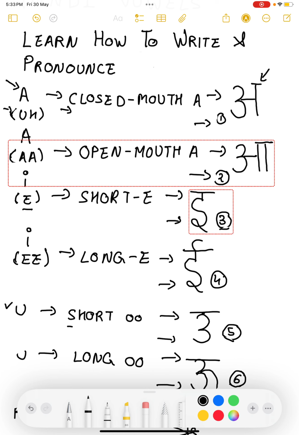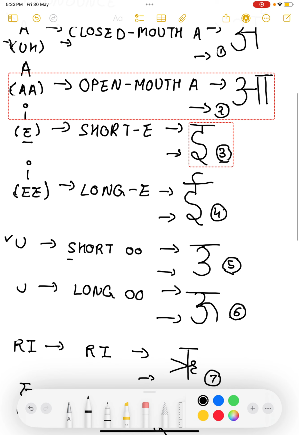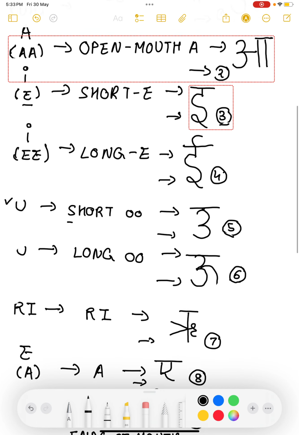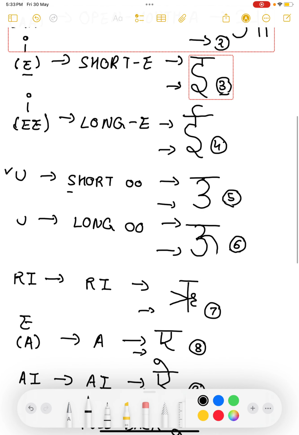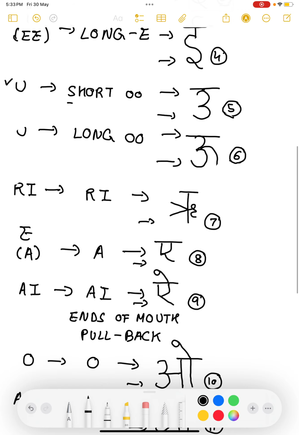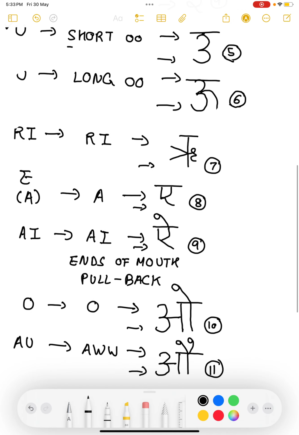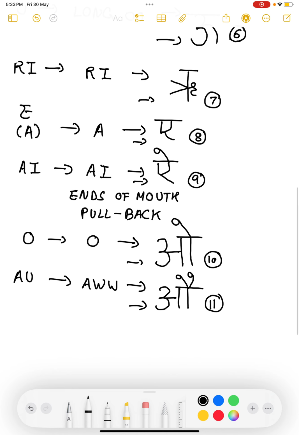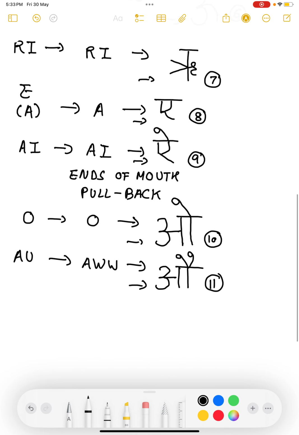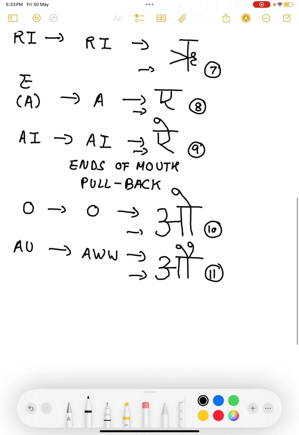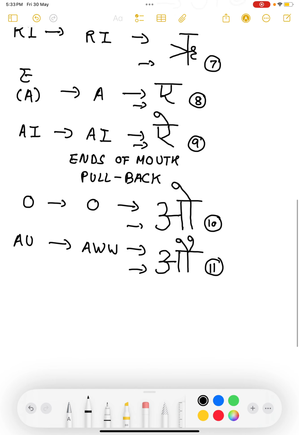A is the first one, A is the second one, E third, E fourth, U fifth, U sixth, Ri seventh, E eighth, A ninth, O 10th, O 11th.